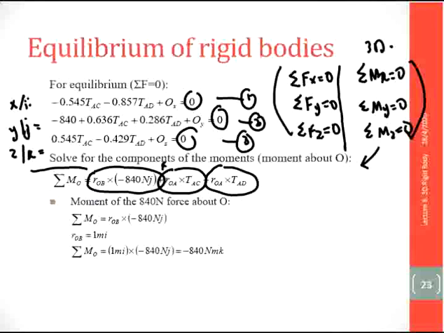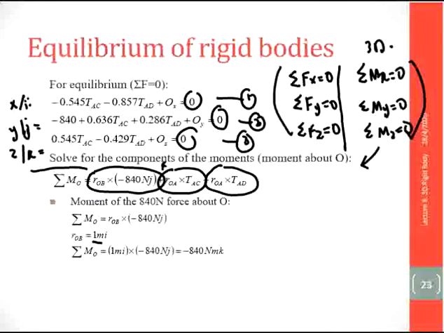For the force negative 840 Newton j, the distance rOB is 1 meter in the x direction.